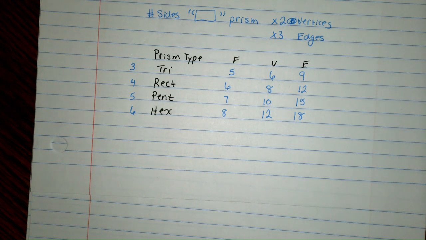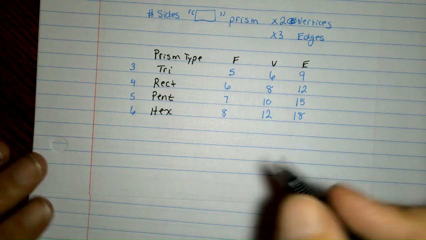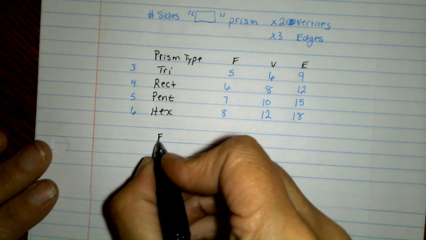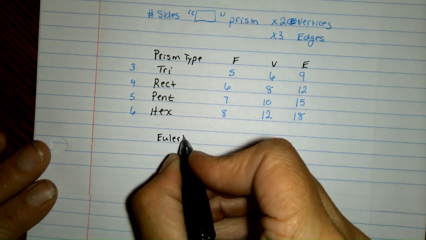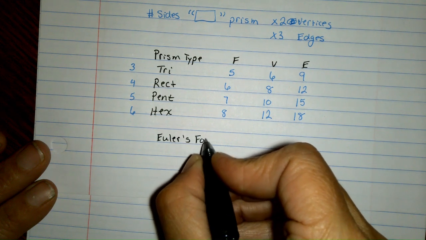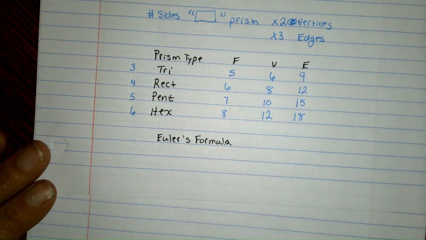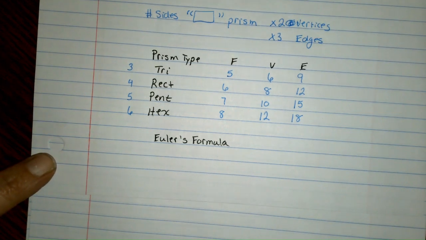So there's all sorts of relationships and patterns we can find in here, but there's a big person out there, his name is Euler, and he has a formula. He actually does a lot of math. You'll see him in a lot of geometric ideas depending on how far you go.